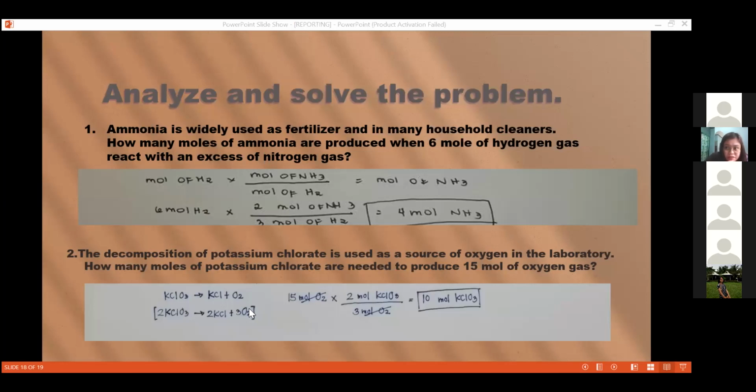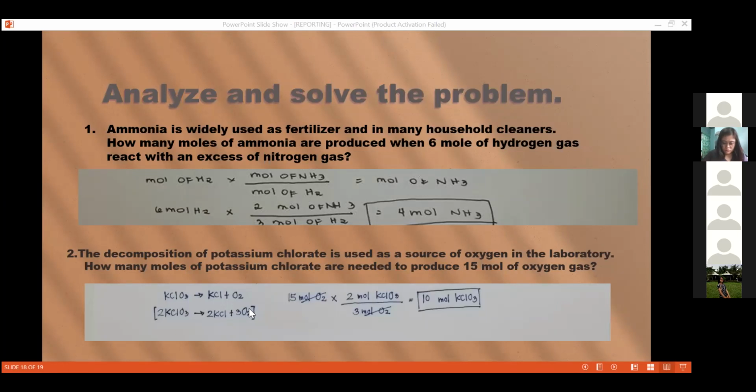Yes. Okay. Ammonia is widely used as fertilizer and in many household cleaners. How many moles of ammonia are produced when 6 mole of hydrogen gas react with an excess of nitrogen gas? To calculate the amount in moles of another, it is expressed as amount of given substance multiplied by mole unknown over the given moles.